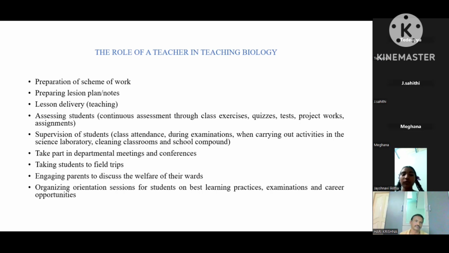Apart from this, I take part in departmental meetings and conferences as a biology teacher because these are the meetings we use to plan activities and share ideas as teachers on the best practices we can employ to give the best to our students.